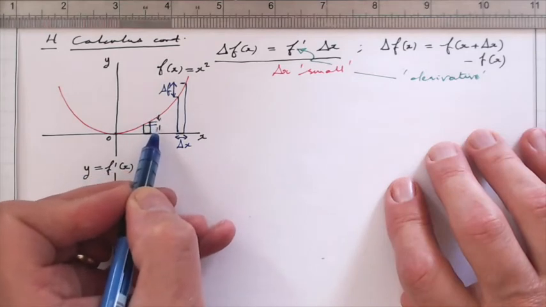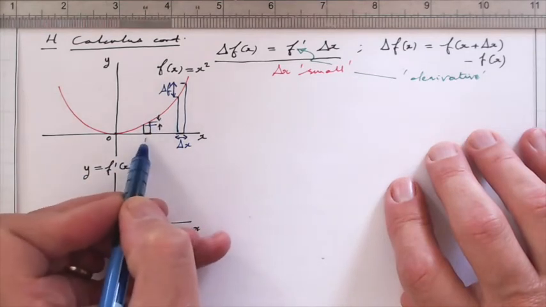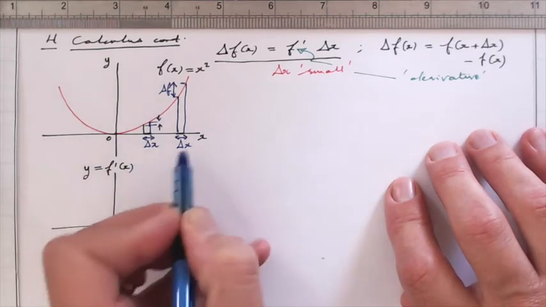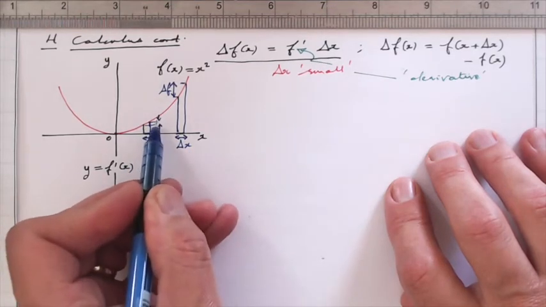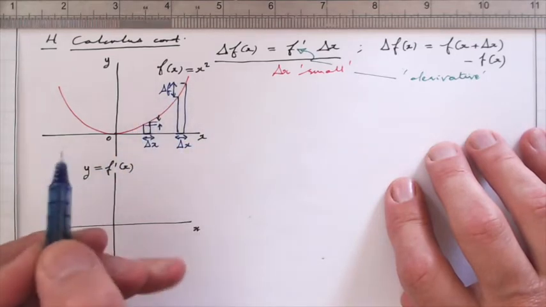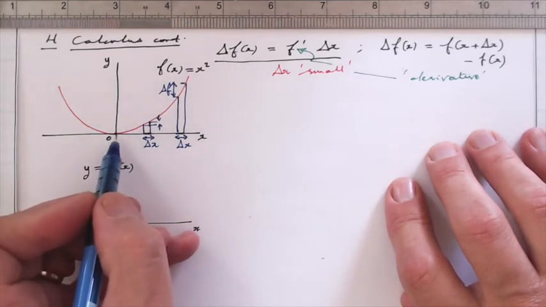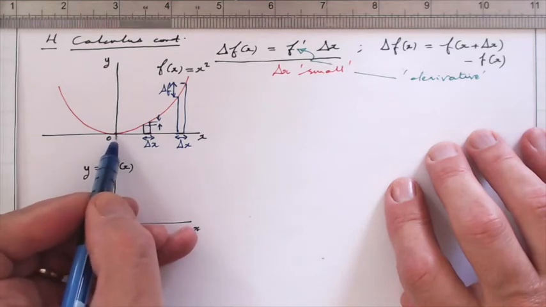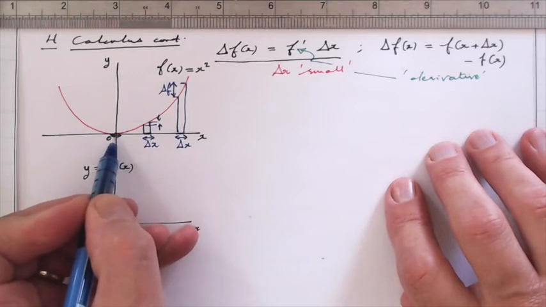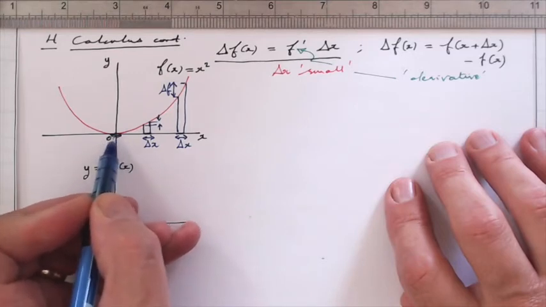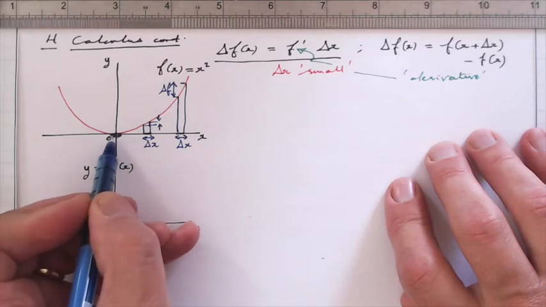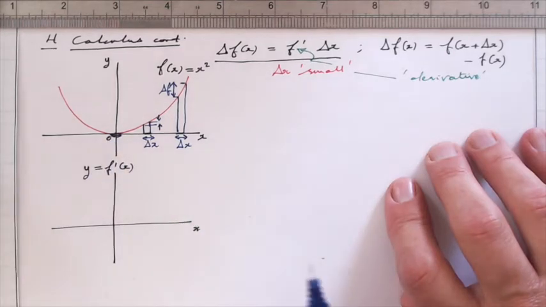So by going closer to the origin for this function, the change in the output for the same size of change of input has gone from something quite large to something really very small. And if we were to go all the way down into the origin, if I looked at the change of output for a change of input in this range right around the origin, I can't even draw it, it's tiny. The function barely changes there.